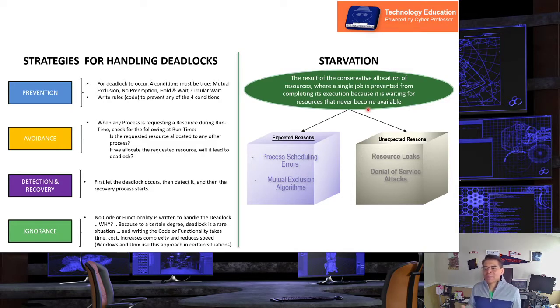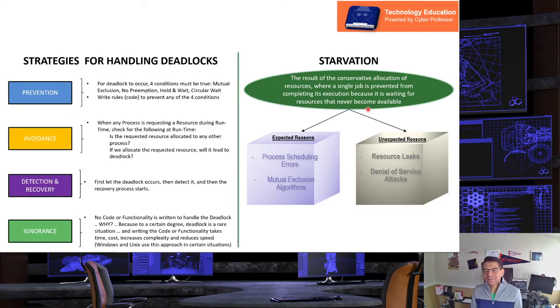For the unexpected reasons, resource leaks, and that may be part of some flaws that you may find in either the hardware or the software components. So there are instances in which the code that programmers write can create resource leaks within the application that they are deploying.